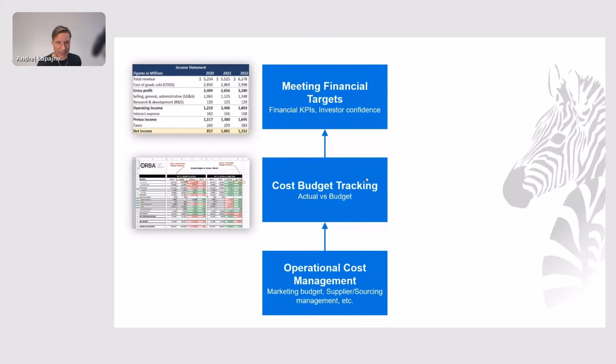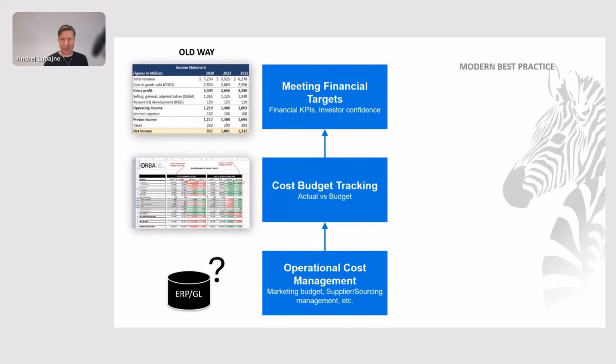Because in the end, at the level where you just have a summary of your costs already booked under a certain account, it's already too late, right? So you need to have a solution that actually includes very granular operational reports, and make sure that this is linked to your cost budget reports.